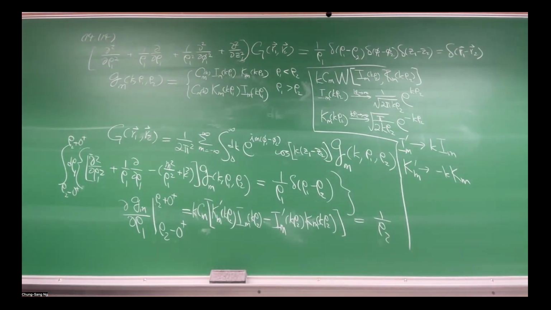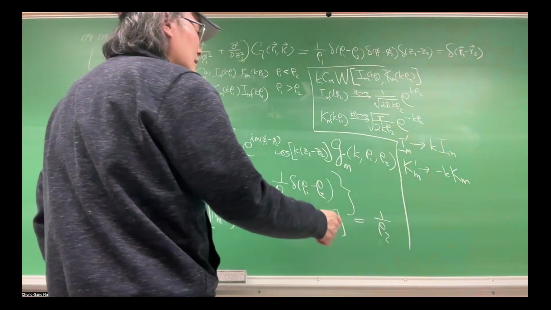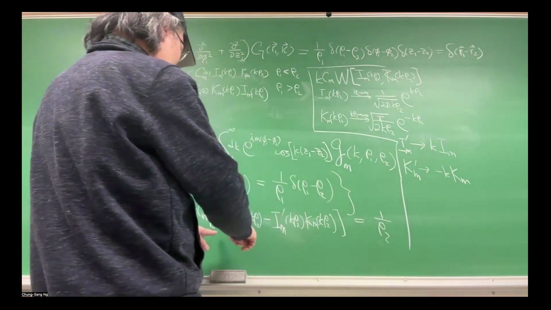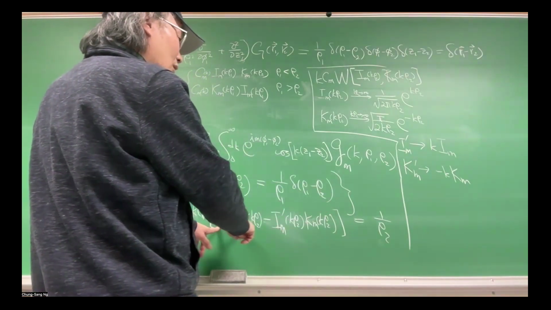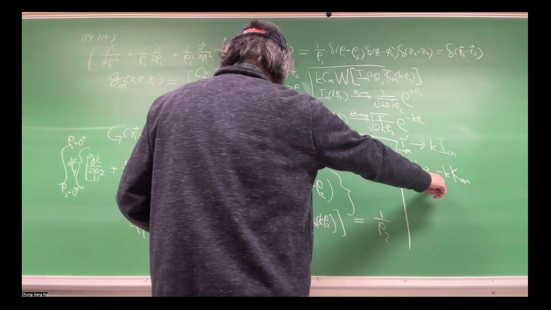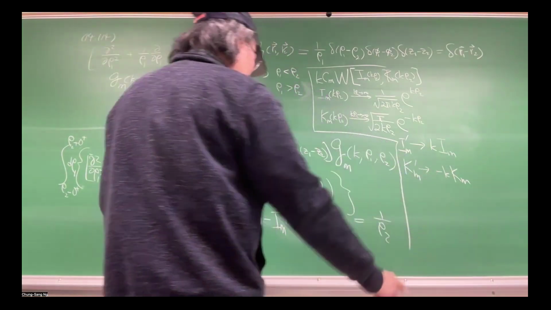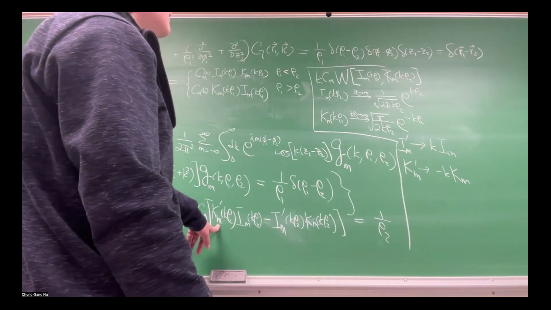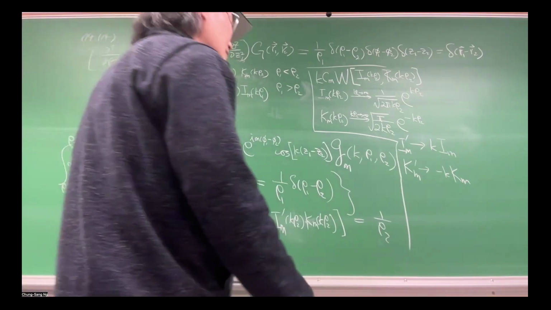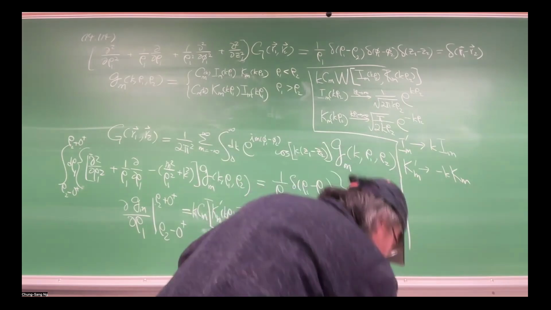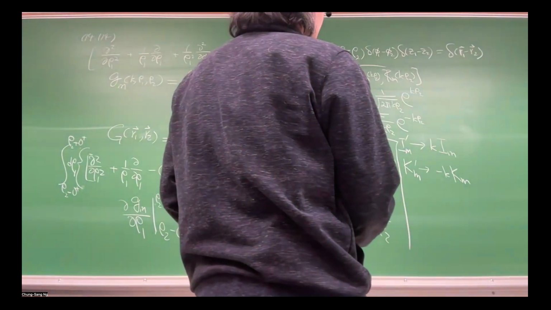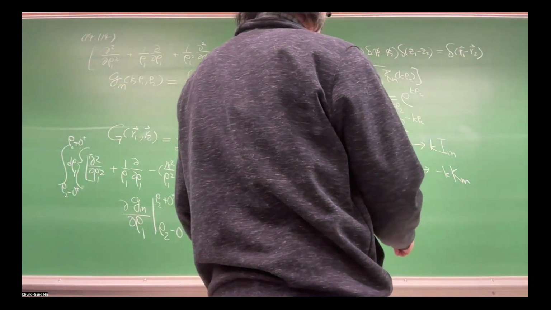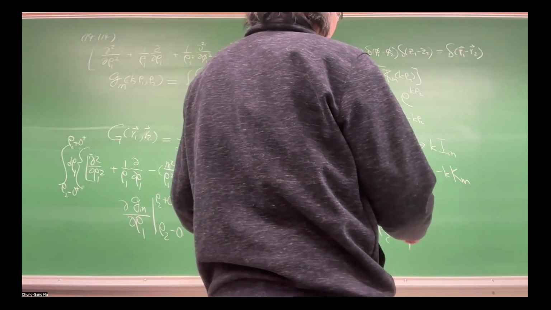Okay, so now we have all this. So this K sub m is to the power of minus k, right?